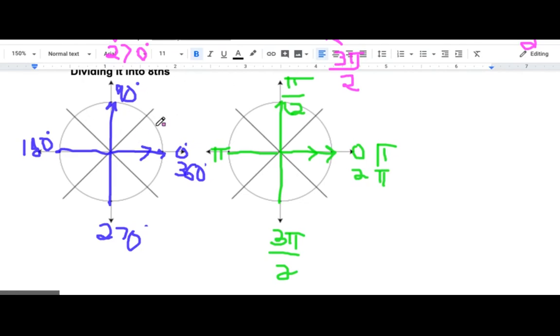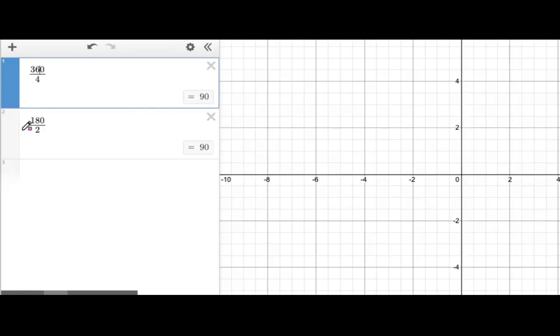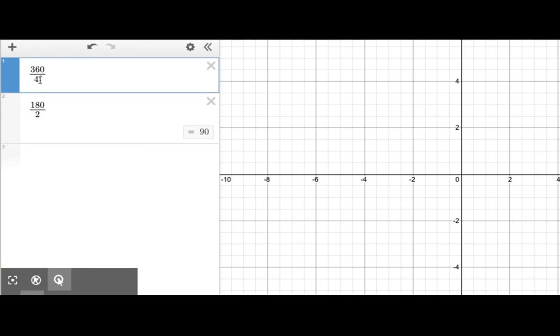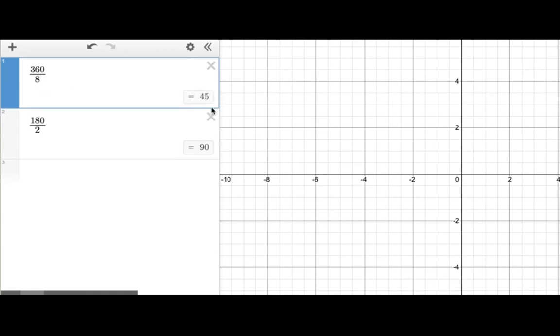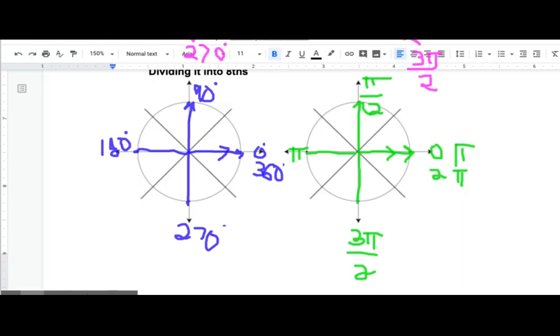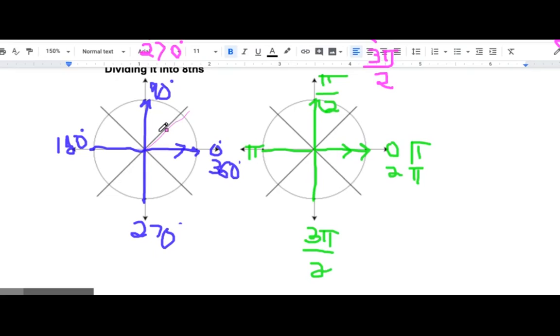So now we're dividing it into 8. So if I took my whole circle, the whole 360, I divide it by 8. We find out each eighth was 45 degrees, which means that this one here is 45 degrees. If you add 45, you get 90.